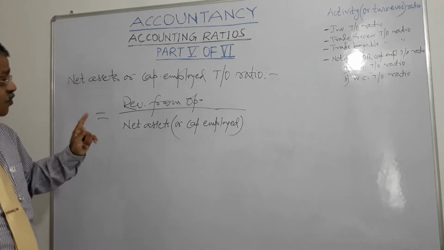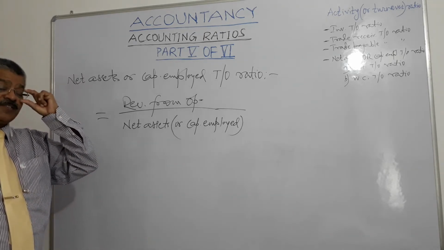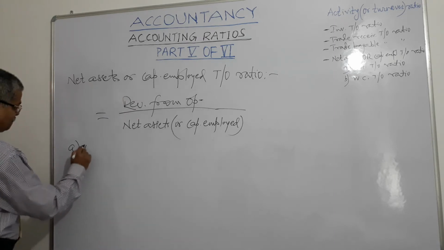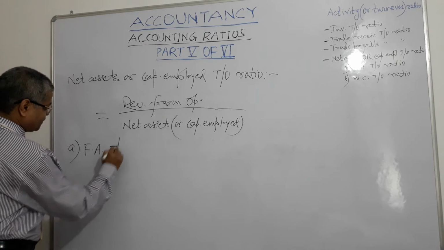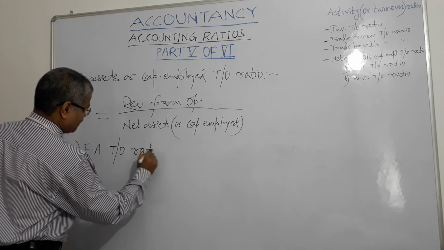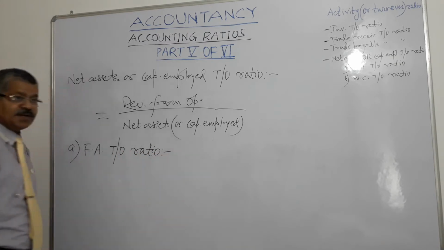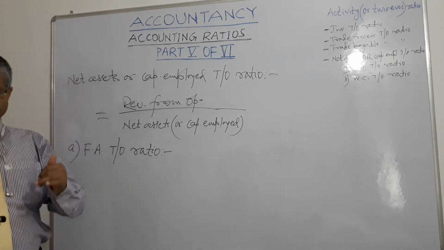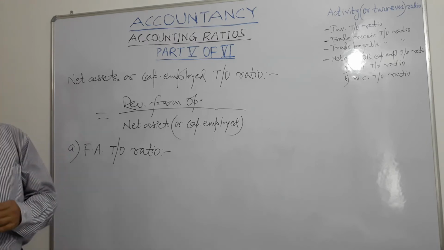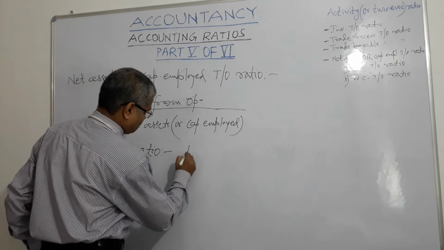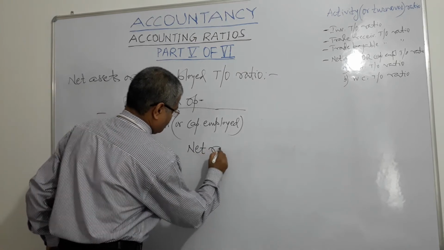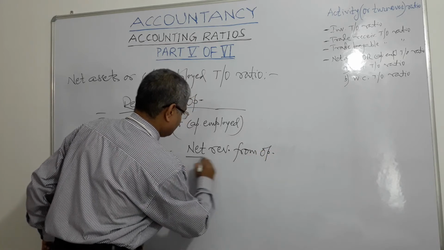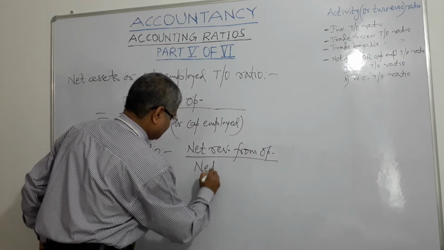Under this we discuss two more ratios. One is fixed assets turnover ratio. What does it indicate? It is a ratio of net revenue from operations divided by net fixed assets.